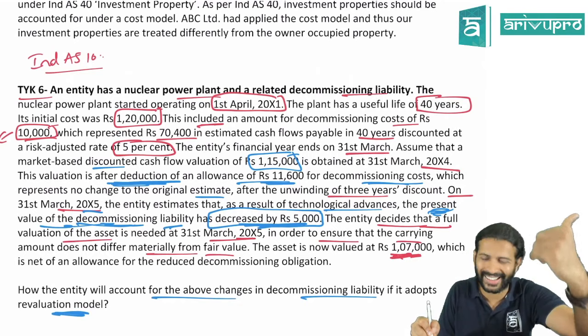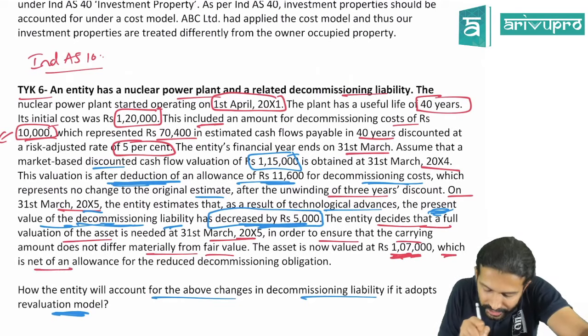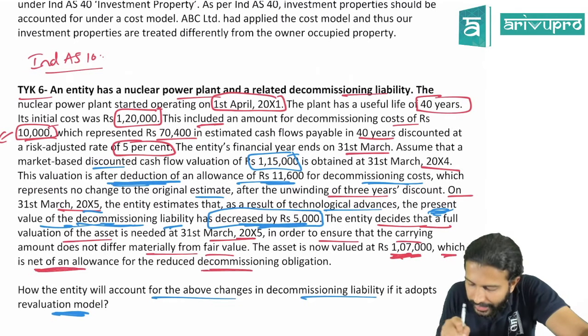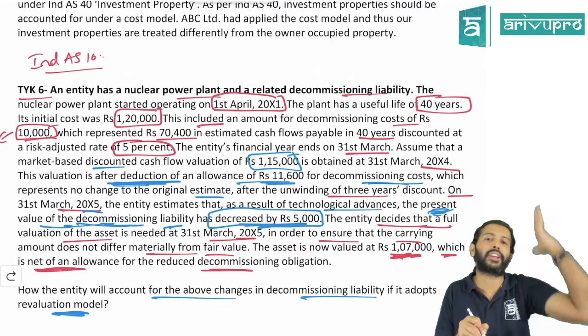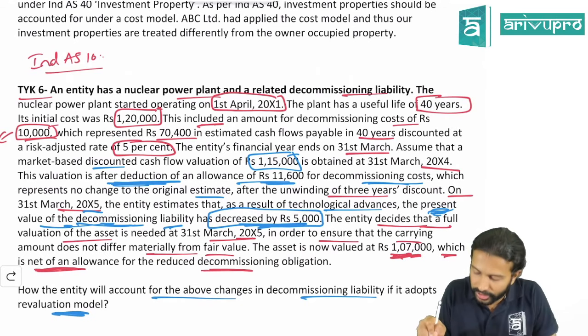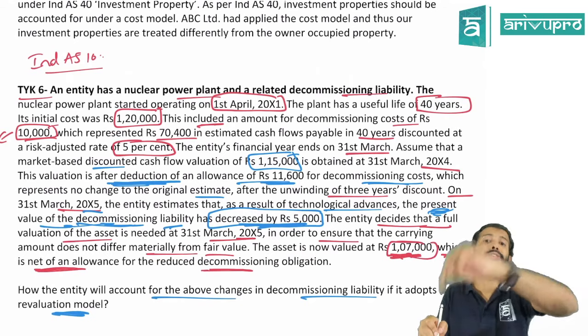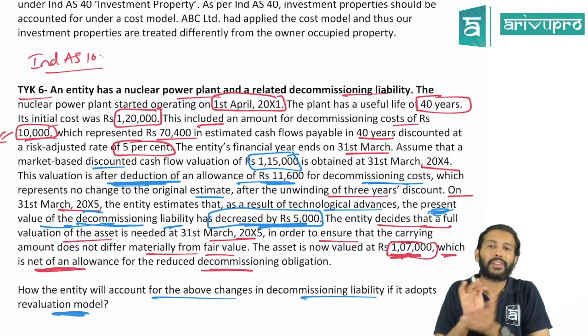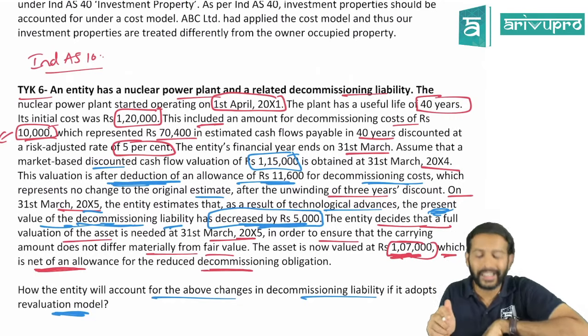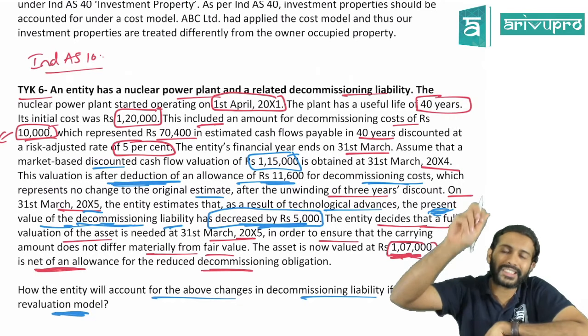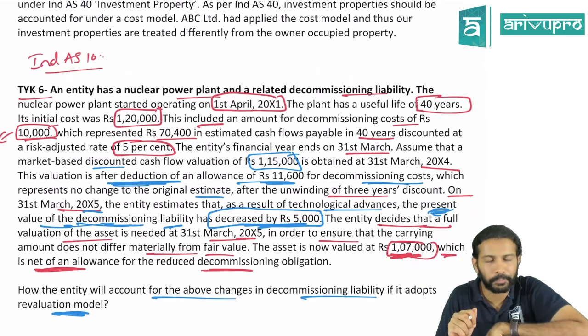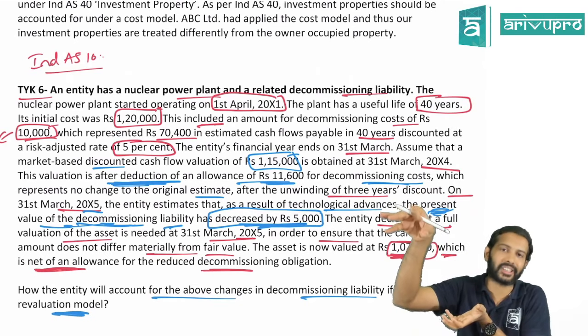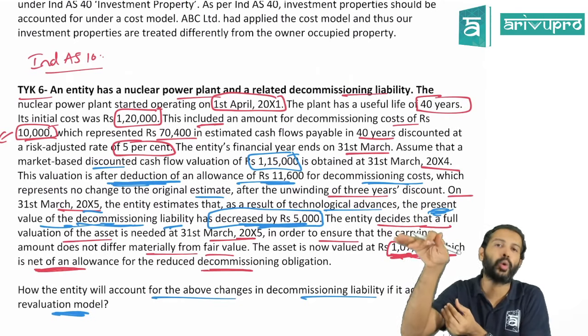But hang on, we already learnt this, which is net of allowance for the reduced decommissioning obligation. Meaning, this is not the fair value of the asset alone. This is the fair value of the asset after deducting or adjusting the provision for DSR. Why? See, if you sell this asset now, you can't sell the asset alone.